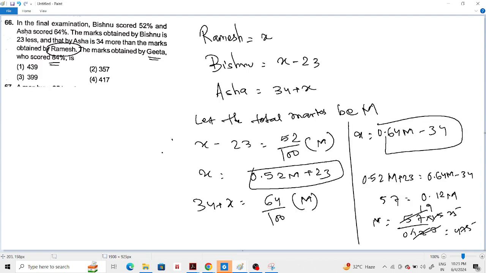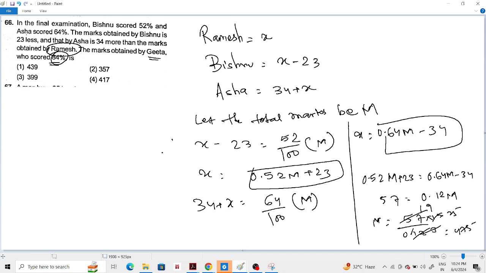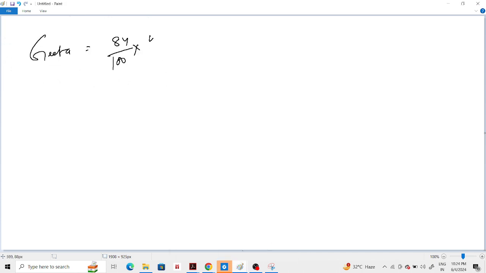Okay. Now what I need to find out? I need to find out 84%. Geeta got 84%. So how much did Geeta get? 84% of 475. Now that's it. All I need to do is calculate.